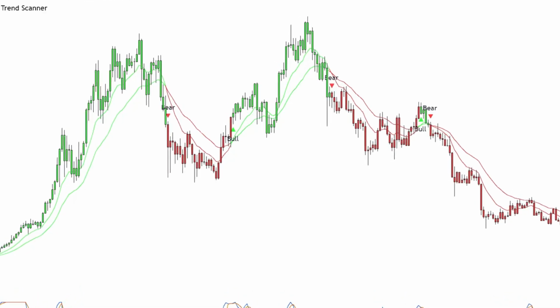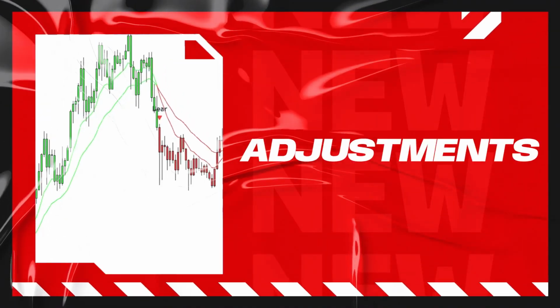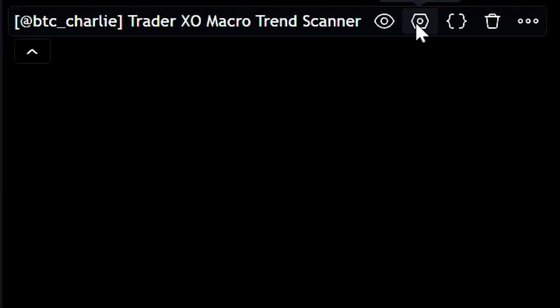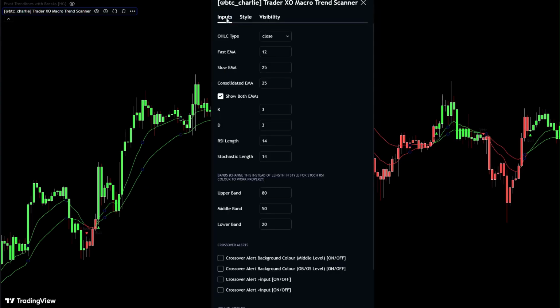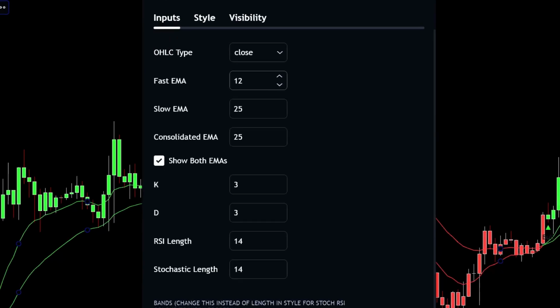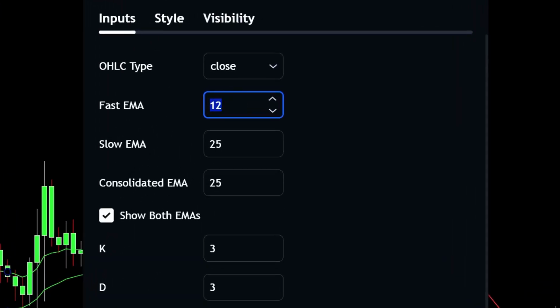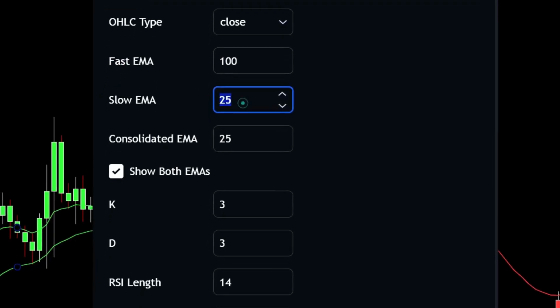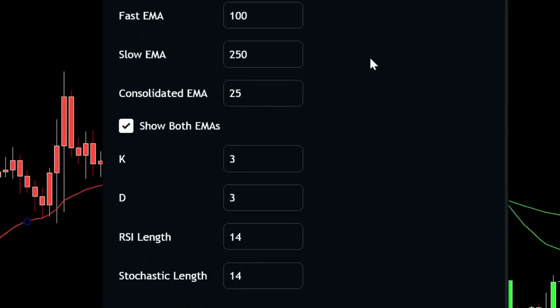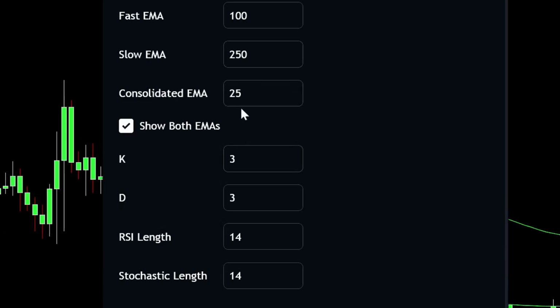But before we start using it, let's make a few quick adjustments to the settings. I like to change the fast EMA length to 100, and the slow EMA length to 250. Then I set the consolidation to 45.